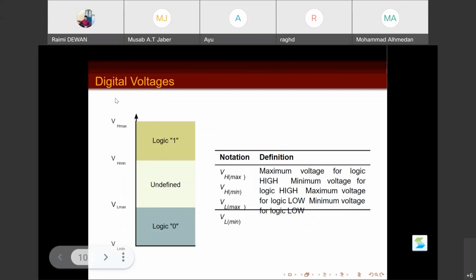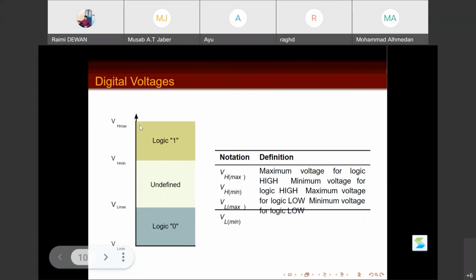Okay, this is the digital voltage. This is a range. For example, for the voltage, we want to make a bit representation, whether it's binary 0 or binary 1 or undefined. Just like I told you just now, for example, 0 to 3 we consider as logic 0, and then 3 to 5 maybe we consider as undefined, and then 5 to 7 we consider as 1.